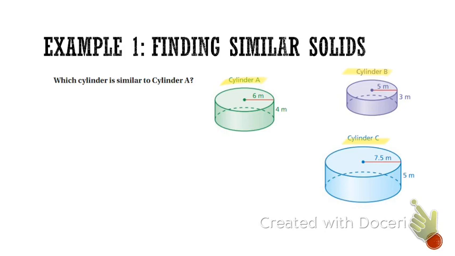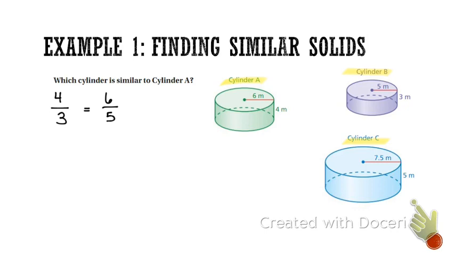I'm going to start with the height of cylinder A, which is 4 meters, over the height of cylinder B, 4 over 3, equals the radius of cylinder A, 6, over the radius of cylinder B, which is 5. So I went height of A over height of B equals radius of A over radius of B.